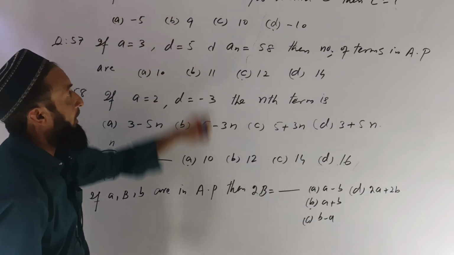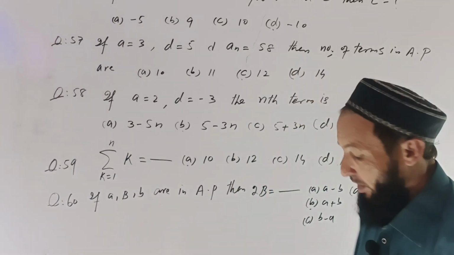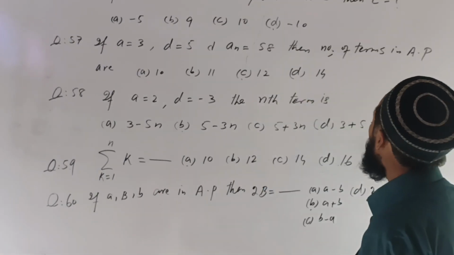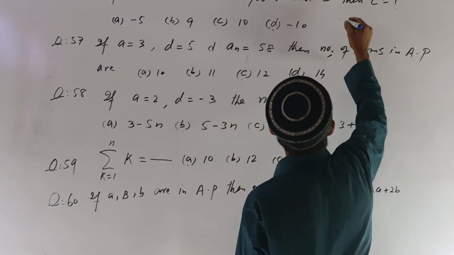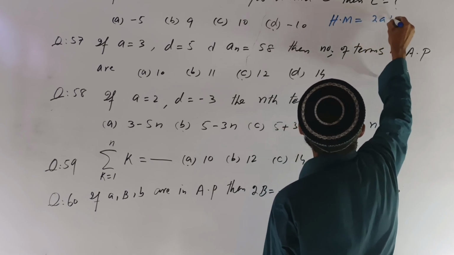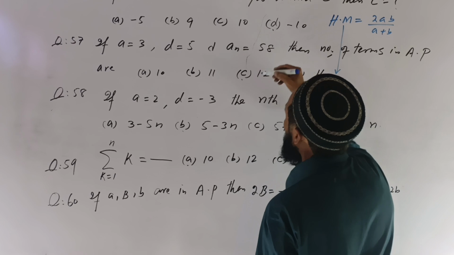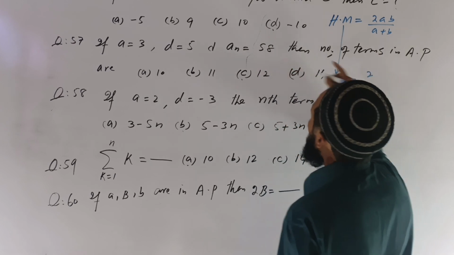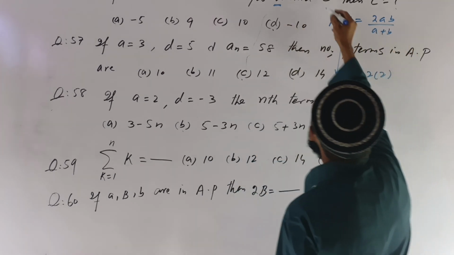If 5 is the harmonic mean between 2 and c, what is the value of c? According to the formula, the harmonic mean between two numbers is equal to 2ab divided by a plus b. Here the harmonic mean is given as 5, a is given as 2 and b is given as c.